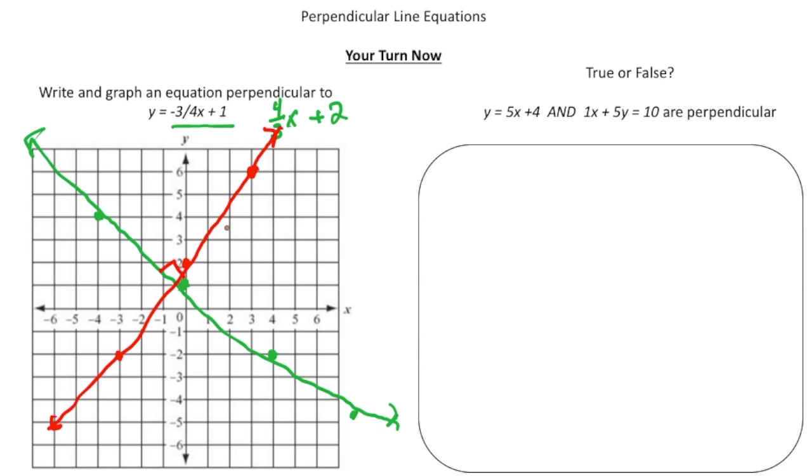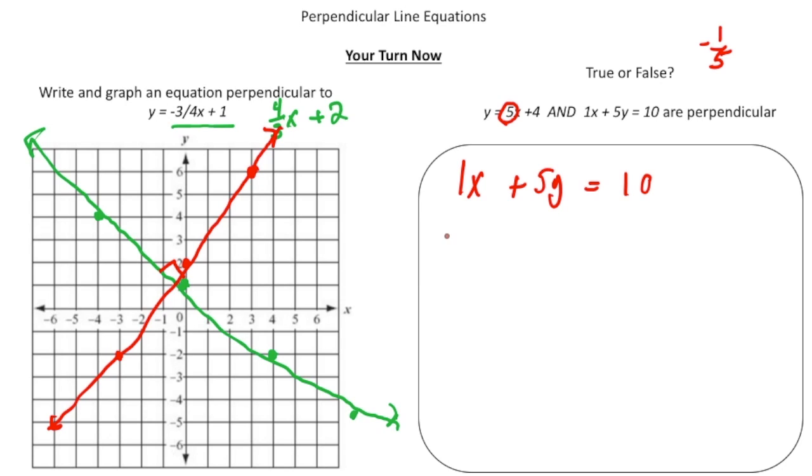The last one, true or false? y = 5x + 4 and 1x + 5y = 10 are perpendicular. Again, we need to focus on the slopes. This one has a slope of 5, which means this one over here needs to have a slope of -1/5 for it to be perpendicular. So I'm going to rewrite this as 1x + 5y = 10.